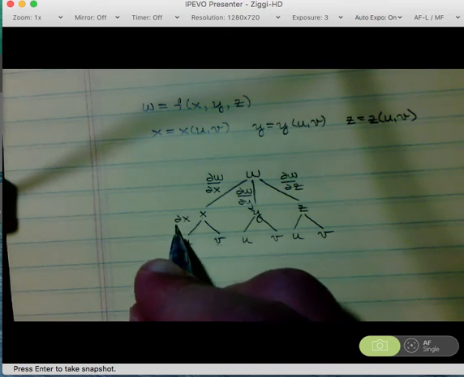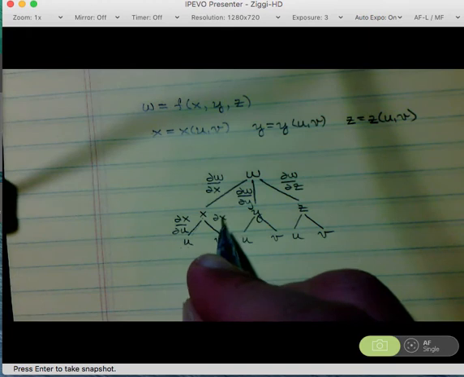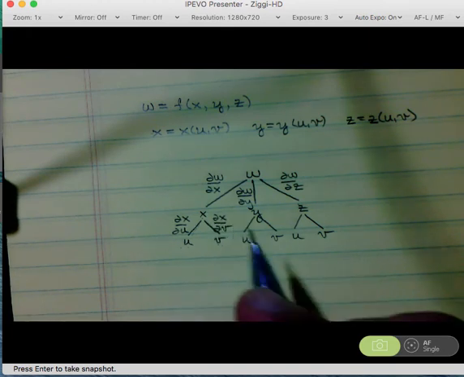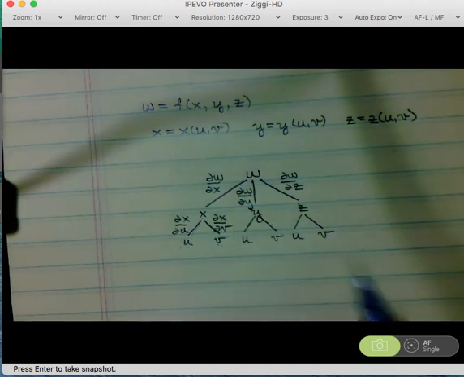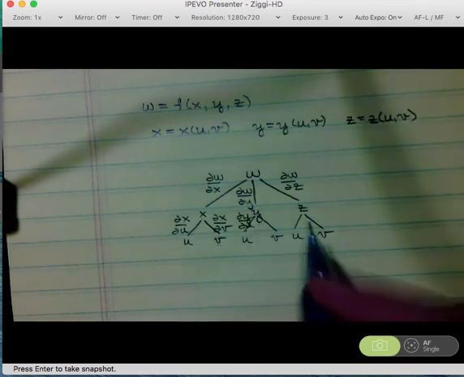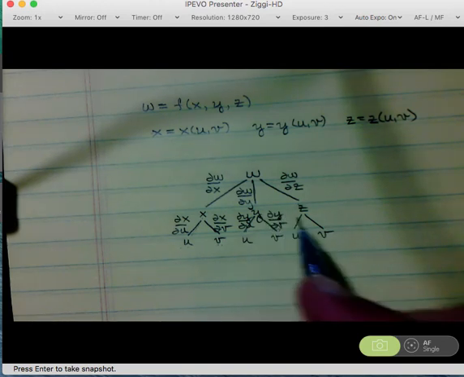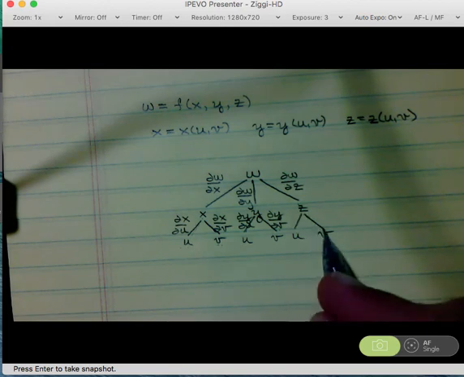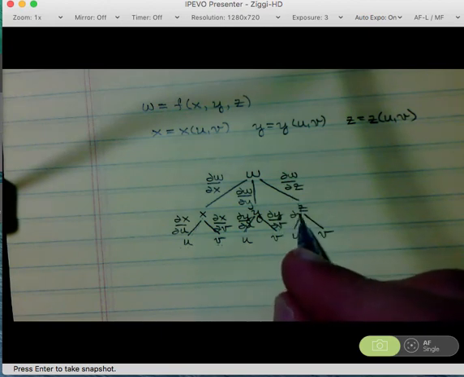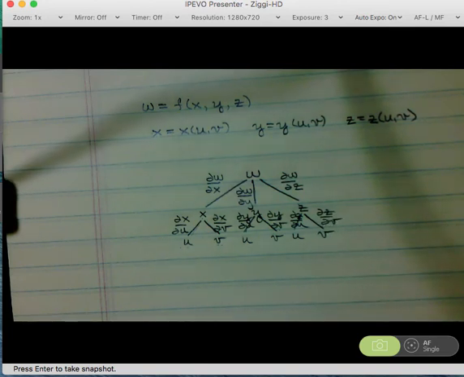Along this first branch, it's the partial of x with respect to u. Along this branch, it's labeled with the partial of x with respect to v. Looking at y, again, there's a dependency on 2 variables. So along this branch, we have the partial of y with respect to u. And along this branch, it's the partial of y with respect to v. And then finally, looking at z, along this first branch, it's the partial of z with respect to u. And along this branch, it's the partial of z with respect to v.